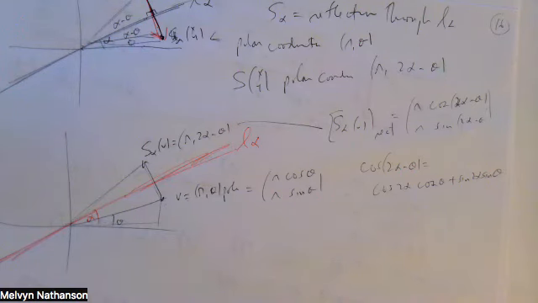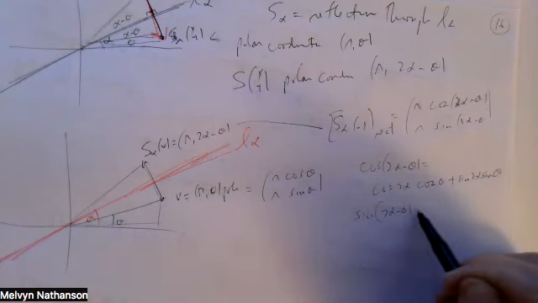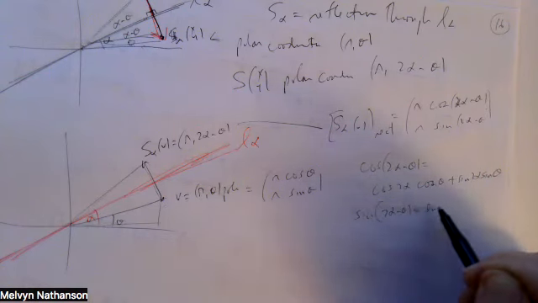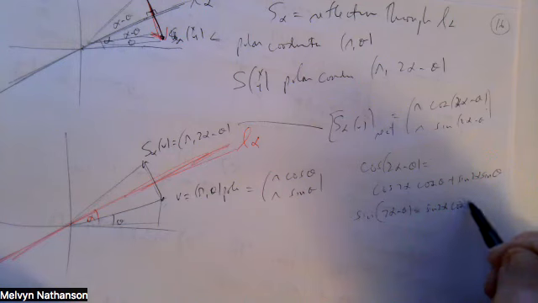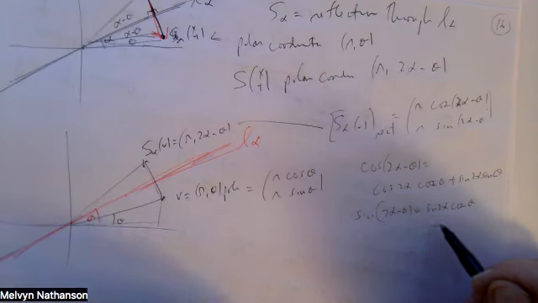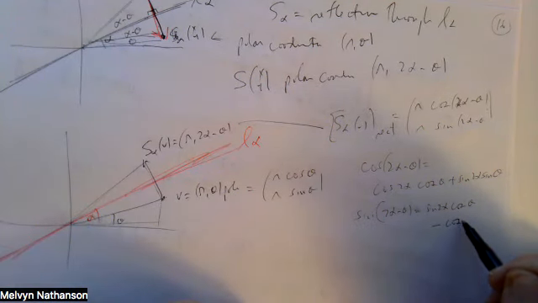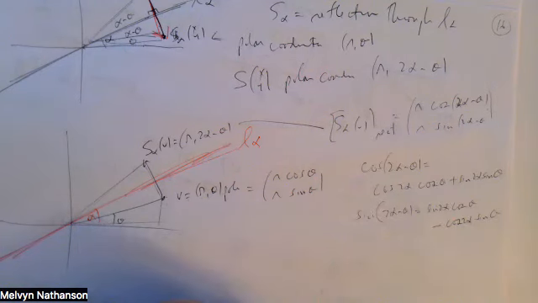And the sine of 2 alpha minus theta is sine 2 alpha cosine theta minus cosine 2 alpha sine theta.